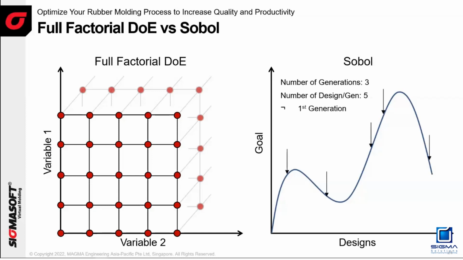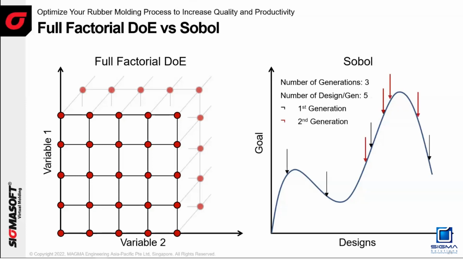So what happens in SIGMASOFT is, first it takes the designs per generation. It takes 5 designs in the first generation randomly and does the calculation. SIGMASOFT internally analyzes and evaluates the results and finds out which variables are helping us reach the goal more. Then it focuses more on those variables and selects the second round of 5 designs.